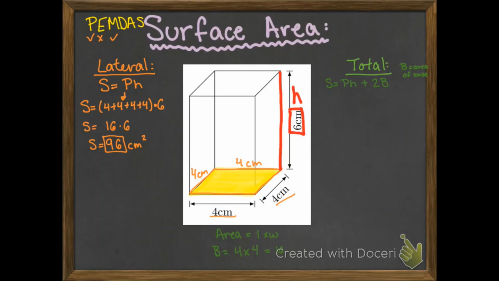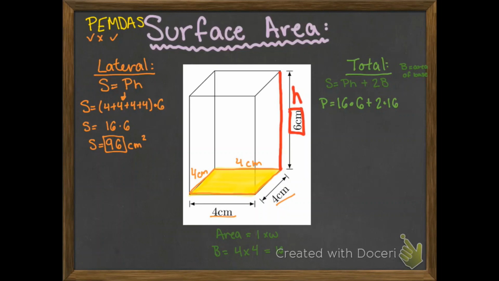So we found already through lateral surface area that our perimeter, or P, has the value of 16. That is 4 plus 4 plus 4 plus 4 times H. The height is 6 plus 2, and then the B, which is the area of the base, which we just found, is 16. So 2 times 16.